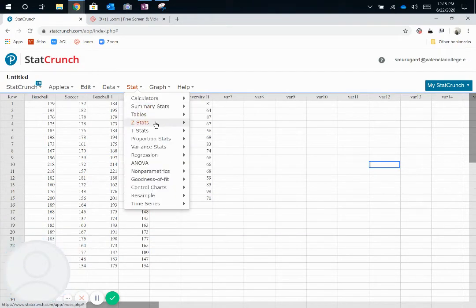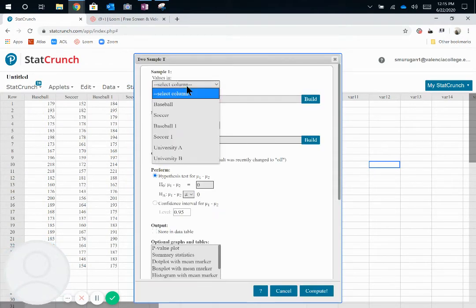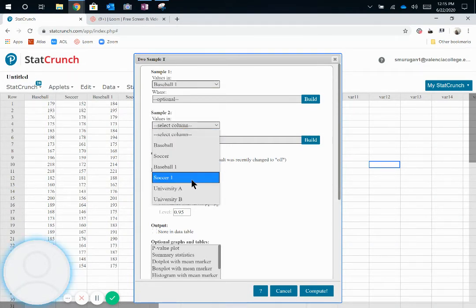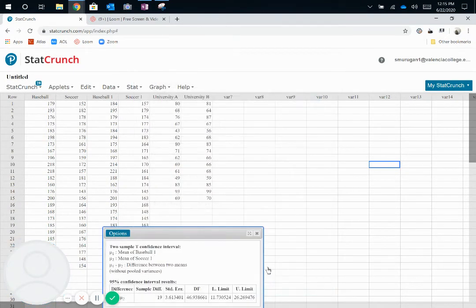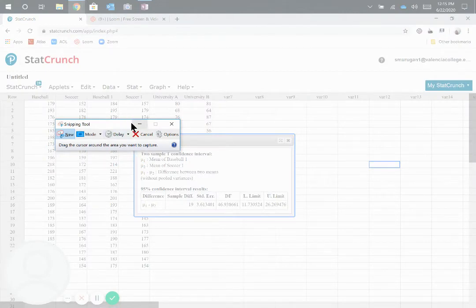Stat, T Stat, Two Sample, With Data, baseball 1, soccer 1, and I'm taking a confidence interval this time. Okay, confidence interval. So I don't need to put in anything else, of 95%. Compute. All right, and let's clip this out and paste it to our notes.